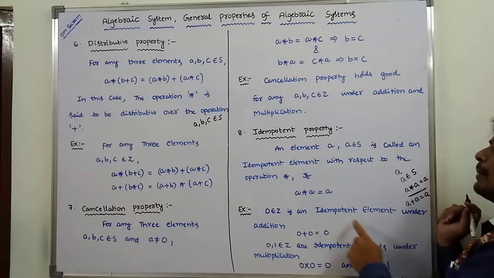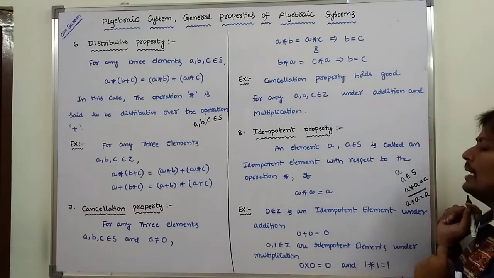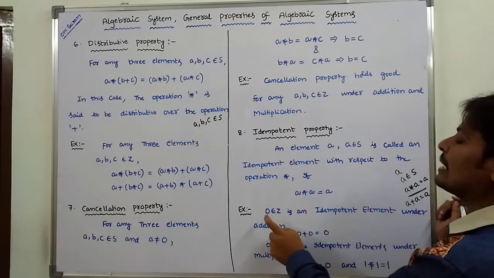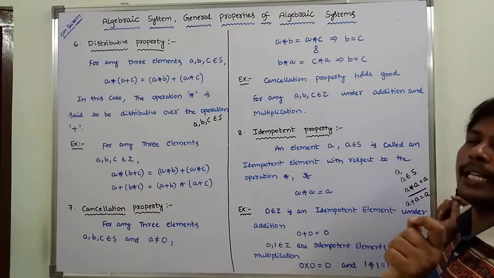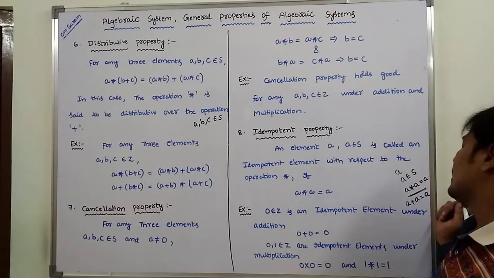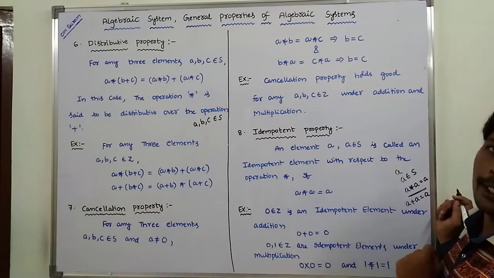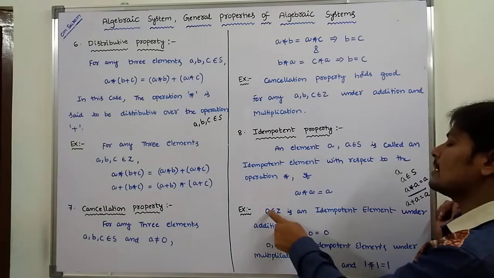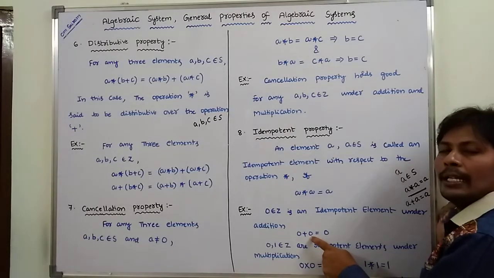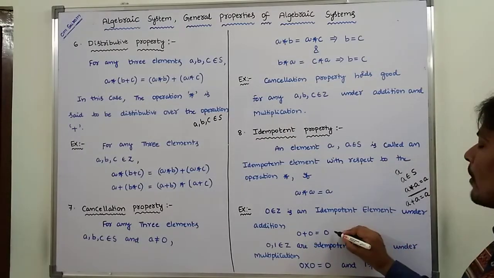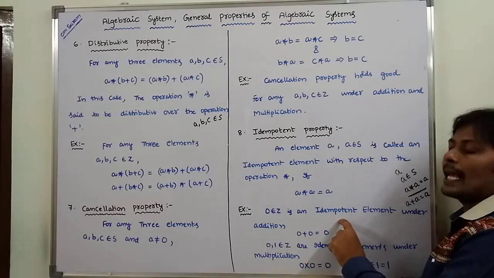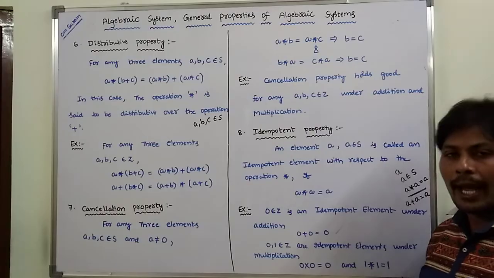Okay. For example, 0 belongs to Z is an idempotent element. Here we are taking the element 0 from the non-empty set Z, under the addition operation. This element is added with the same element. Then we get the result, also 0. Then the idempotent property is satisfied under the operation addition.